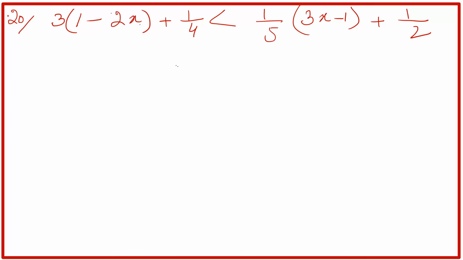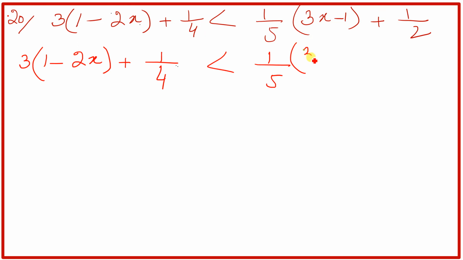Now question number 20, again we have fractions. So I will write it down one more time and I will show you how many terms we have. This is one term, this is the second term, this is the third term, and the fourth term is 1 over 2. Here we have fractions, and here is 3.